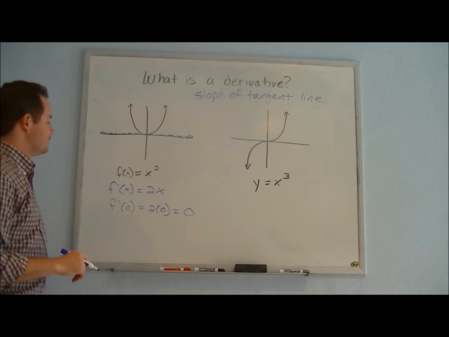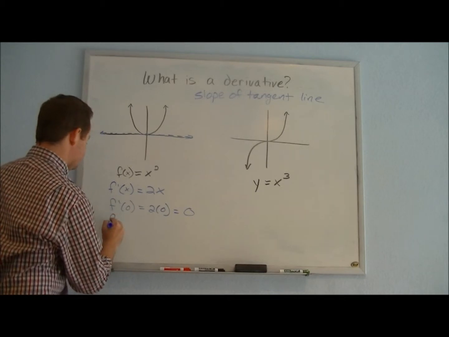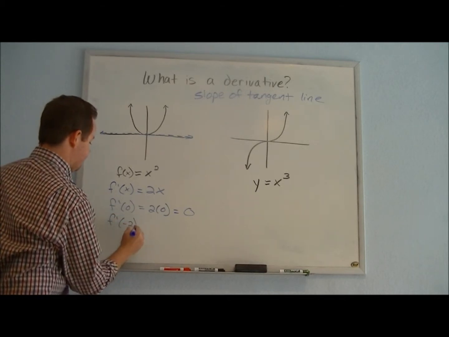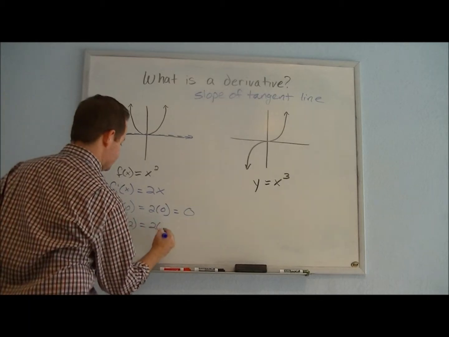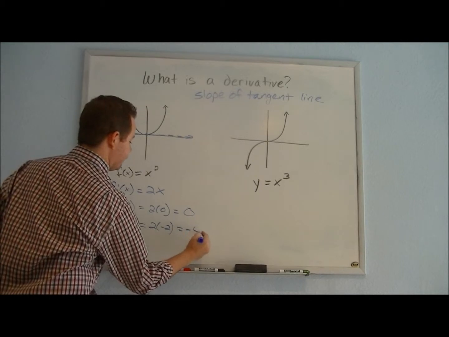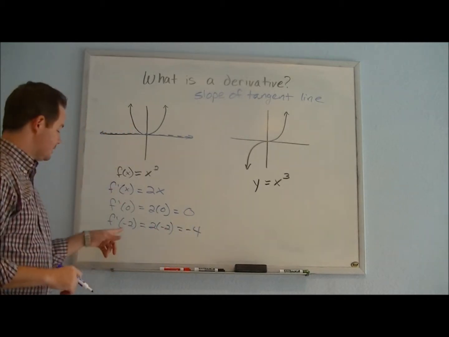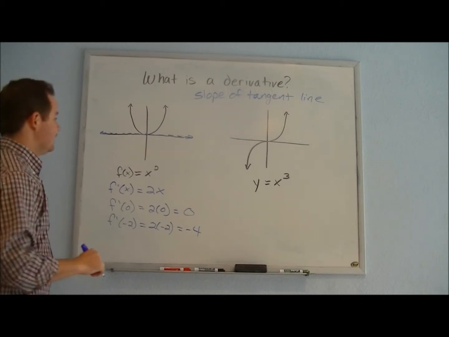Now let's take a look at a different point. Let's say I were to plug in, for example, -2. Well, if we plug that into our derivative function, 2 times -2 in place of x will give us -4. What that means is that when x equals -2, our slope would be -4.